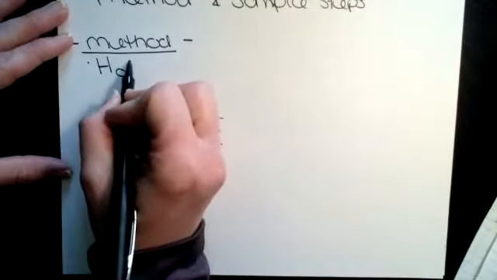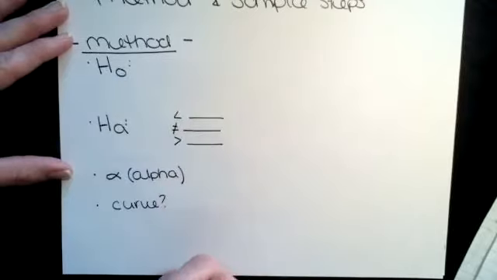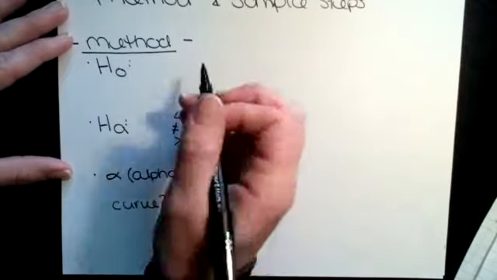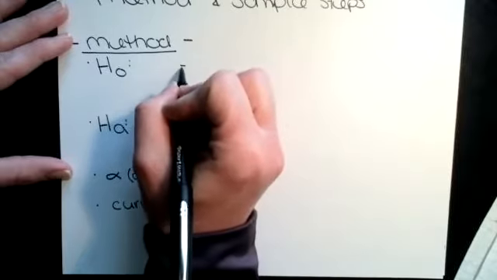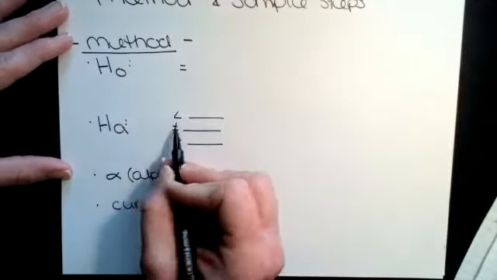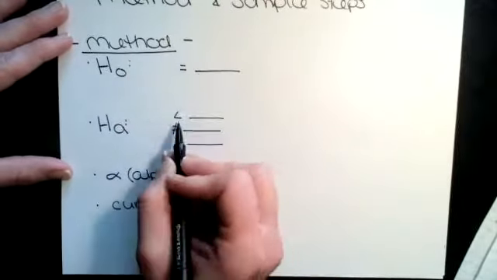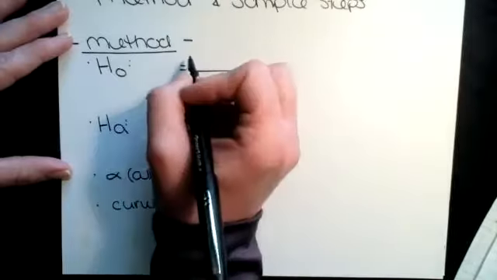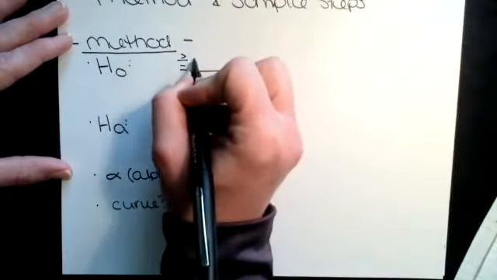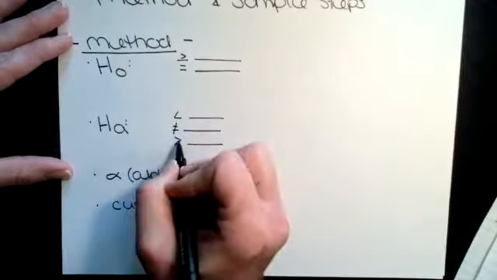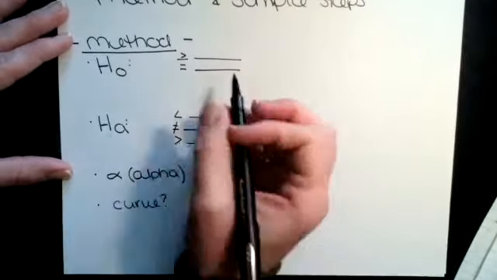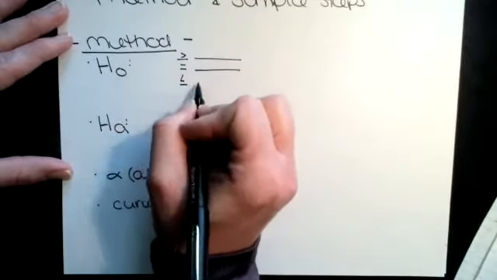And my null can be exactly opposite, or it could always just be the equals. If it was exactly opposite, if HA was a not equals, the null would be equals. If HA was less than, then the null would be greater than or equal. And if HA was greater than, then the null would be less than or equals.